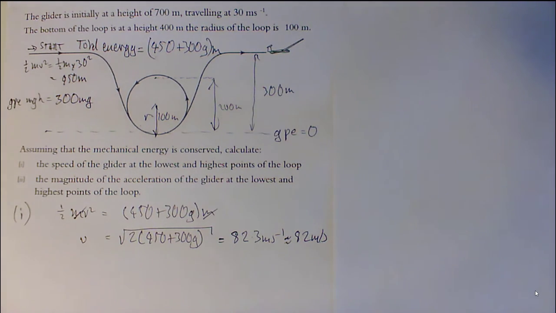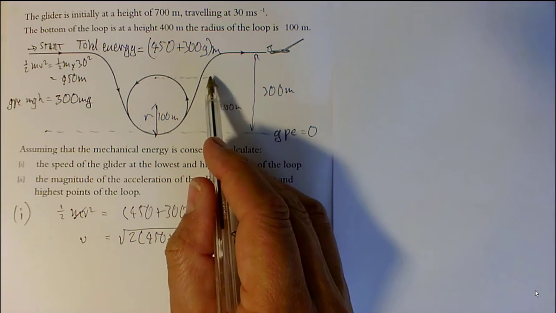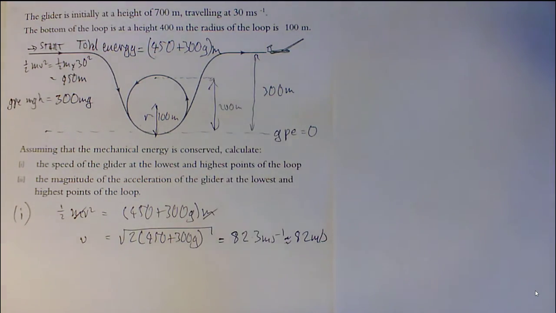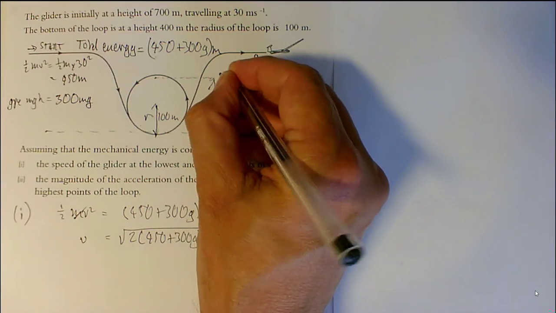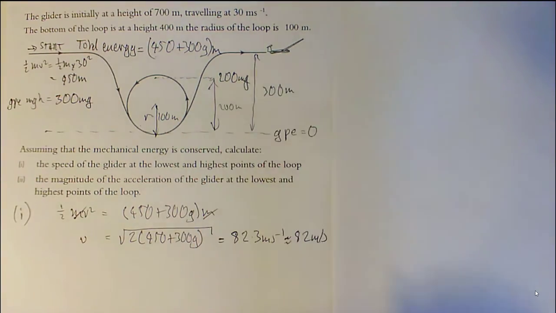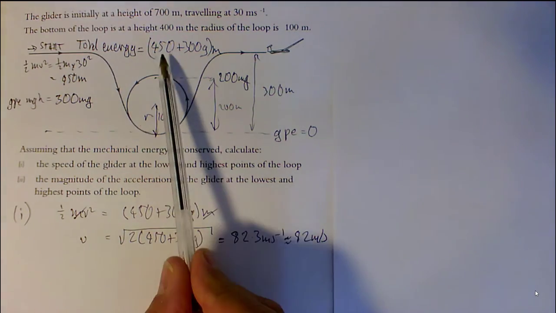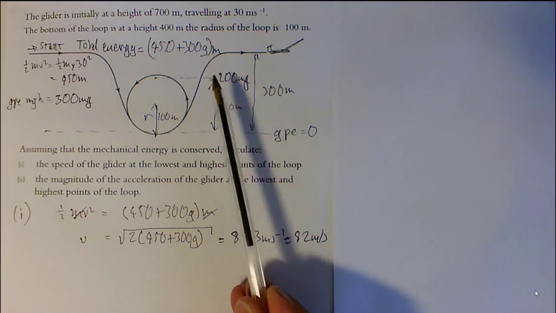At the highest point in the loop, not quite so straightforward, because you've also got a bit of gravitational potential energy, in this case 200mg. So the kinetic energy it has corresponds to the difference between that and that.